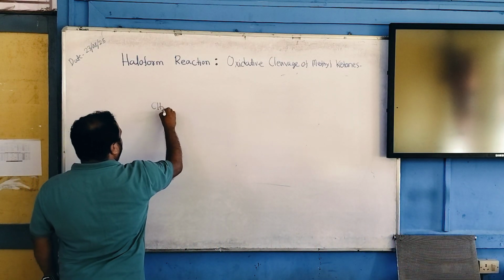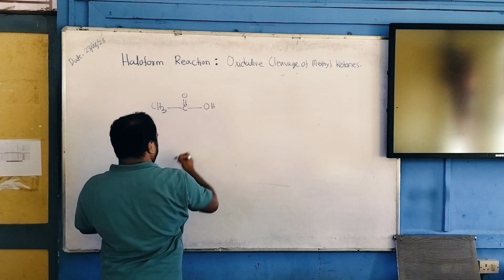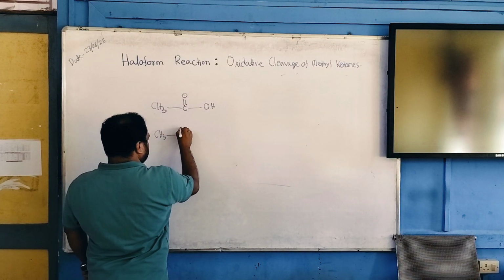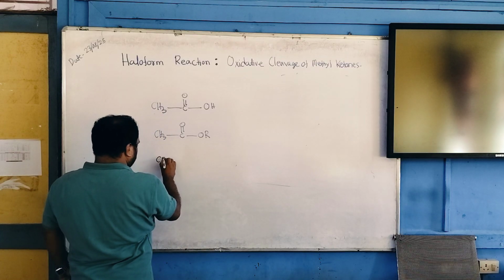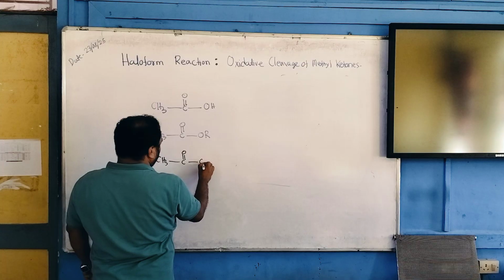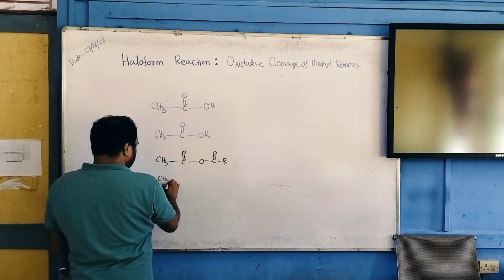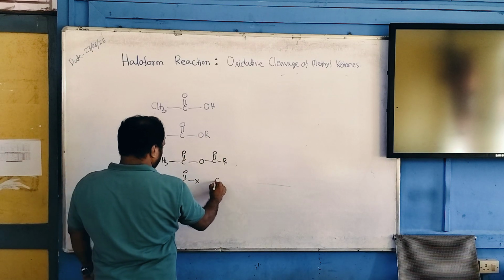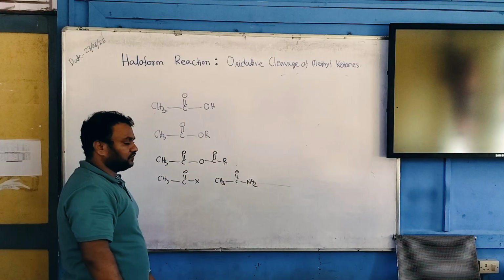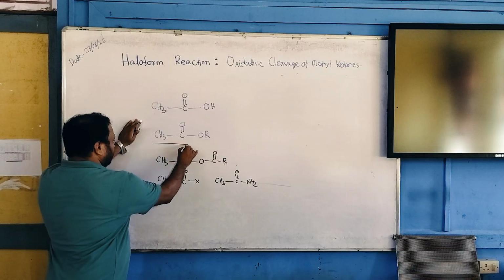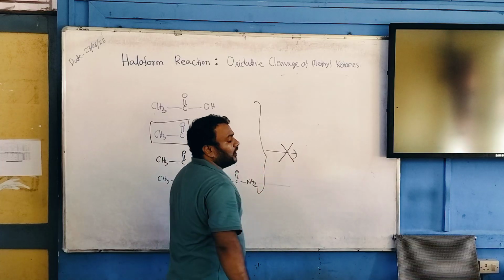For example, CH3C=O connected to an OH group, CH3C=O connected to an OR group, CH3C=O connected to an OC=OR or CH3, CH3C=O with a halogen, or CH3C=O with a nitrogen. All these contain a keto-methyl group, but none of them will give a positive haloform test.